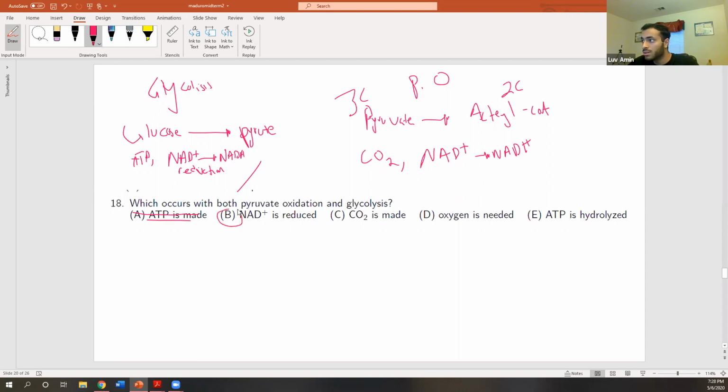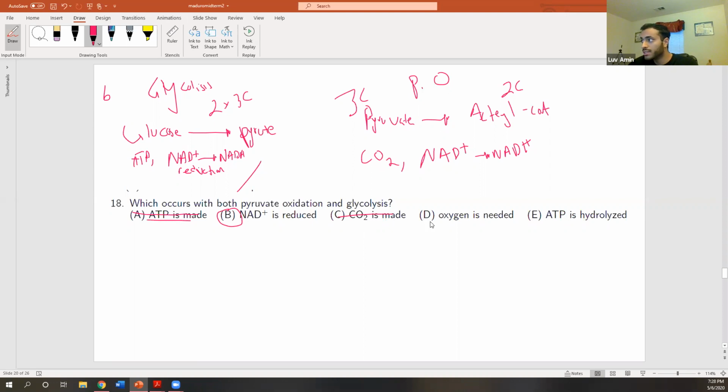So B is a possible answer choice. C: CO2 is made. Well, in glycolysis, we're going from a 6-carbon chain to two 3-carbon chains, so we're still preserving 6 carbons, with no carbon dioxide release. In pyruvate oxidation, we are losing a carbon because we're going from 3 to 2. So only one of them does that.